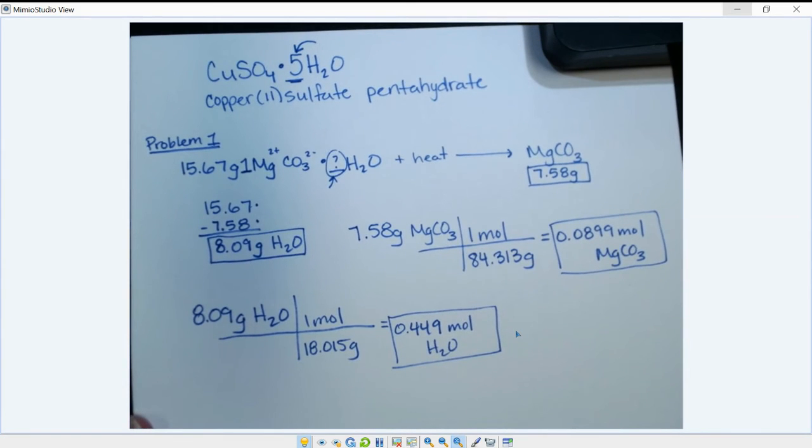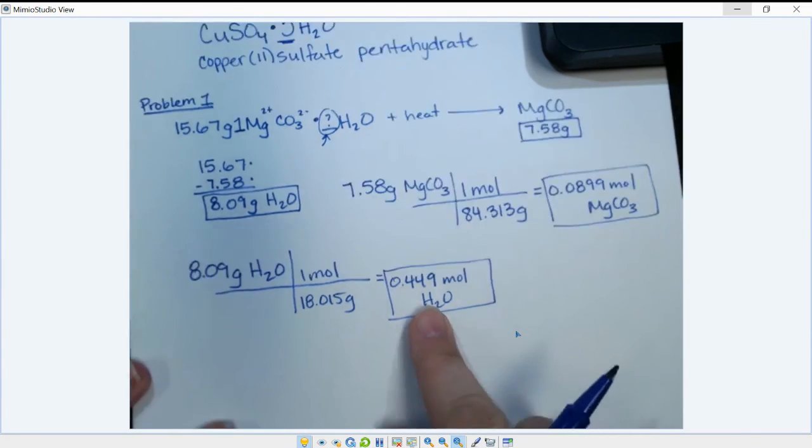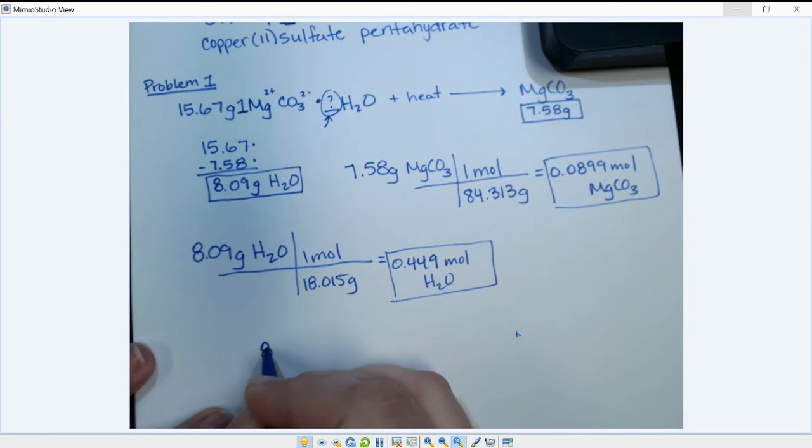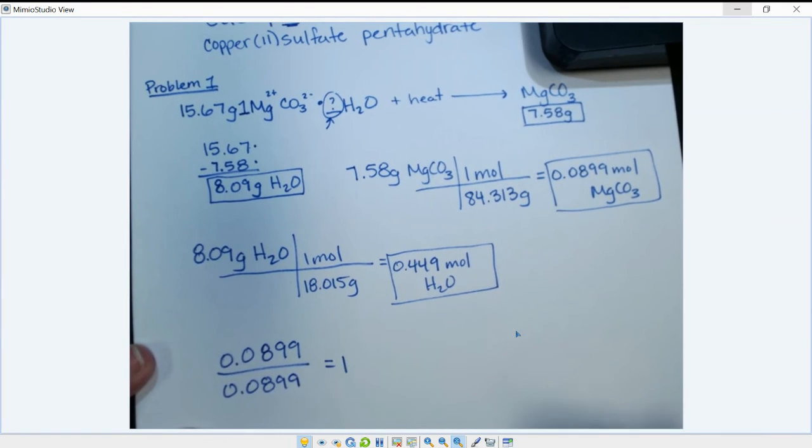Now, if you recall, when we're doing ratios, we divide every mole amount by the smallest of the moles. 0.0899 is smaller than 0.449. So I'm going to take 0.0899 divided by 0.0899, which obviously gives me 1.